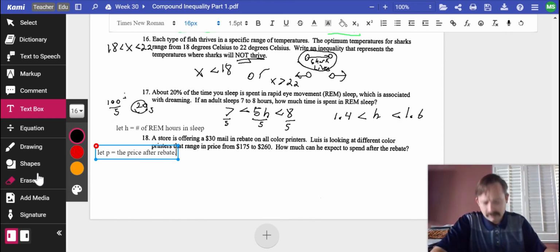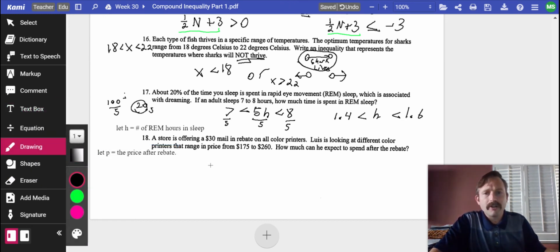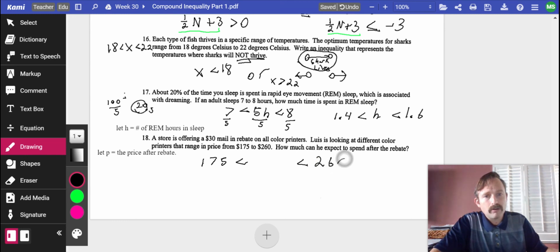So we can understand there's going to be a compound inequality. We want it between 175 and we want it to be below 260. Okay, well, we understand that it's going to be P plus 30. So we're going to subtract 30 on both sides.